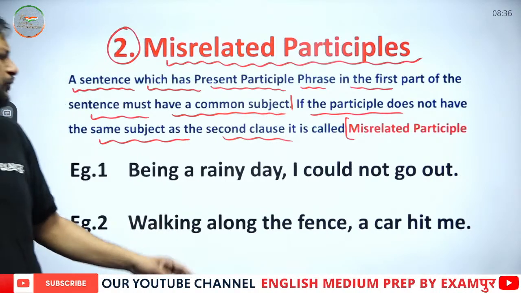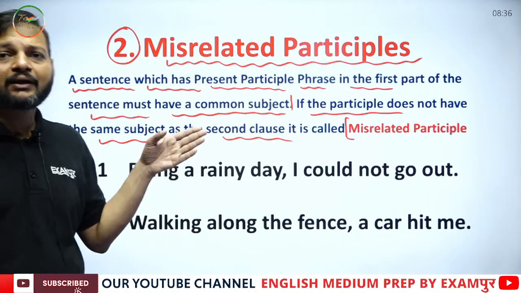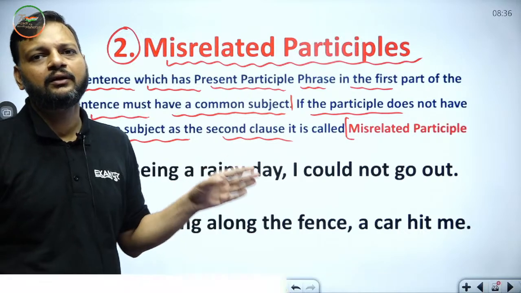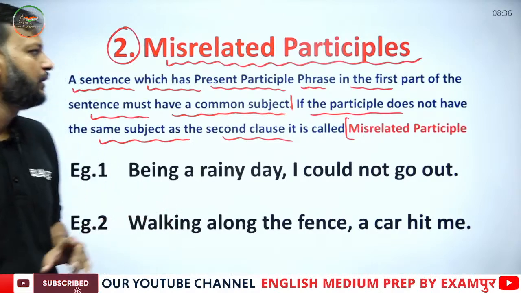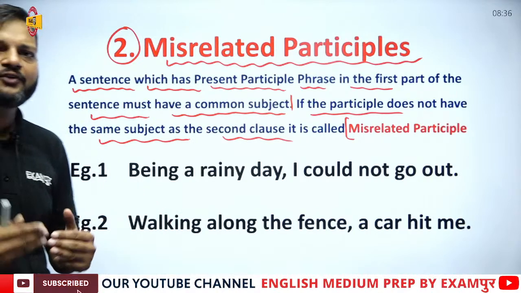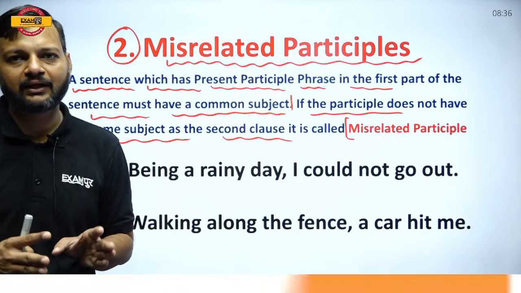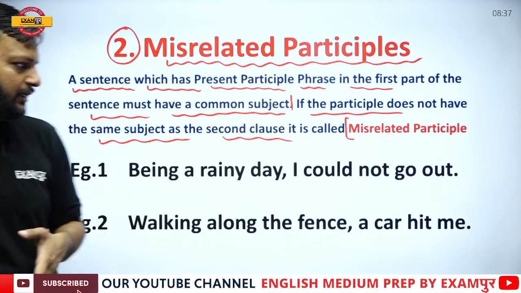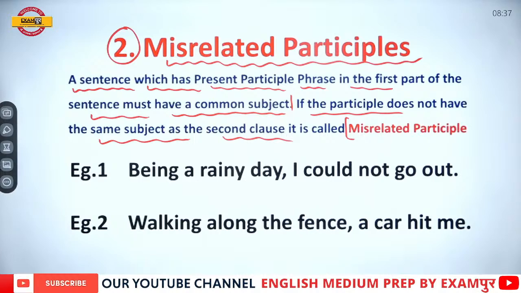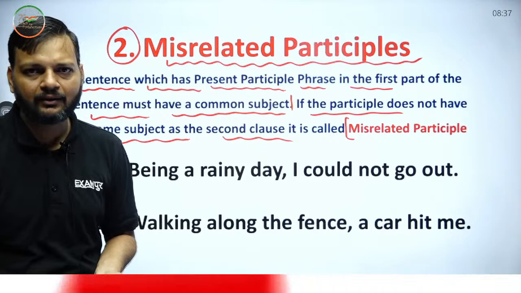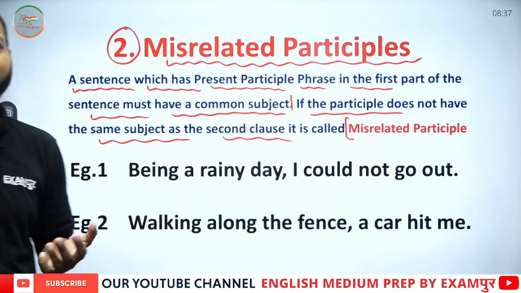This is the same with perfect participle also. So if a sentence starts with a participle and it does not share the subject with the second clause, it is considered wrong. So what does misrelation of participle mean?